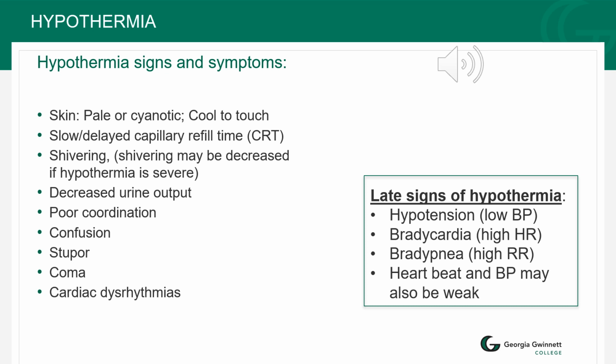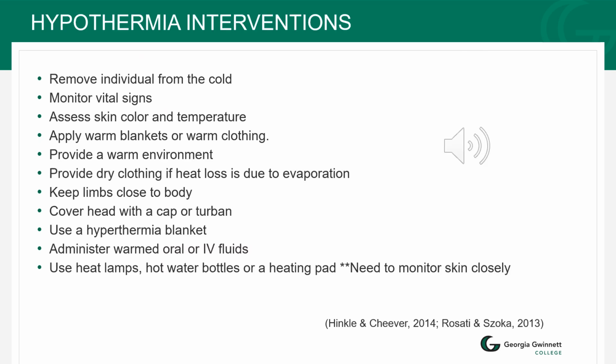As the patient is deteriorating, or progressive deterioration, you're going to see more signs and symptoms that relate to the central nervous system being affected or the cardiac system being affected. And that is true on both ends of altered thermoregulation.